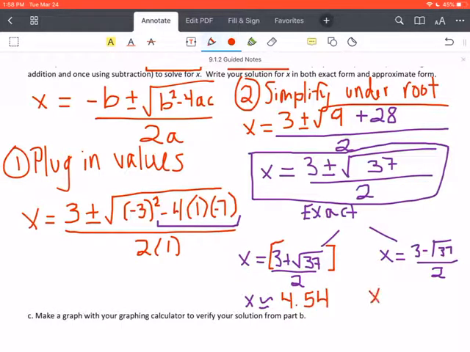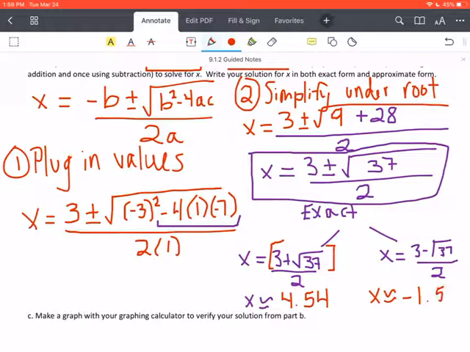And then when we go to the second equation, we can do 3 minus the square root of 37, and you should get negative 3.0827, press divided by 2, and you should get negative 1.54.